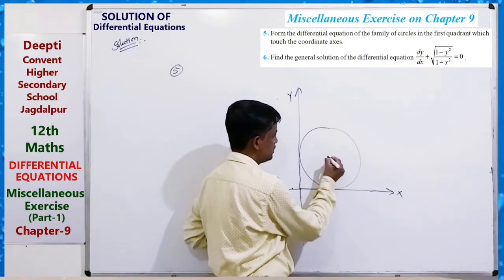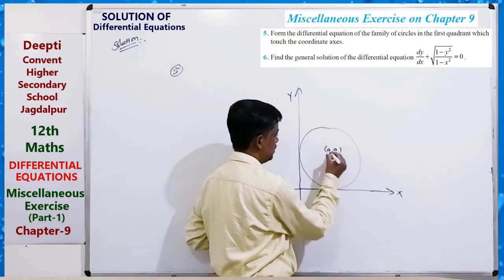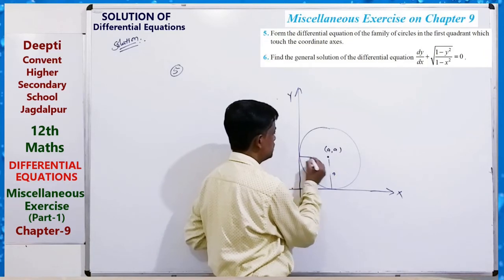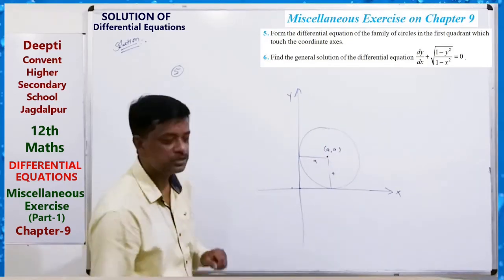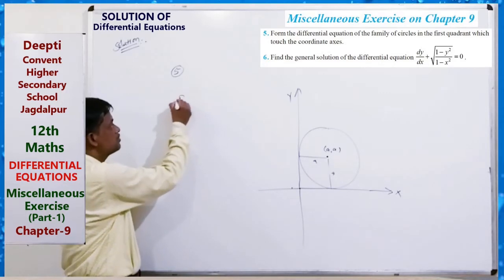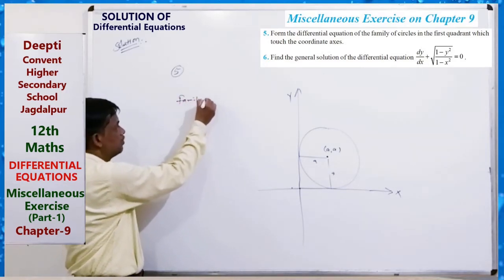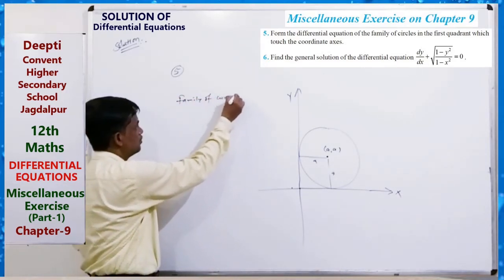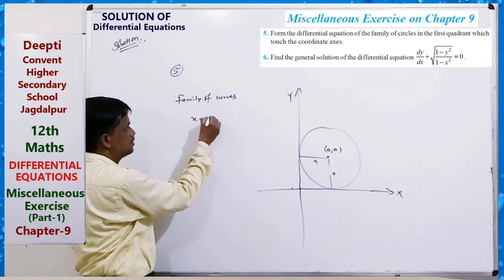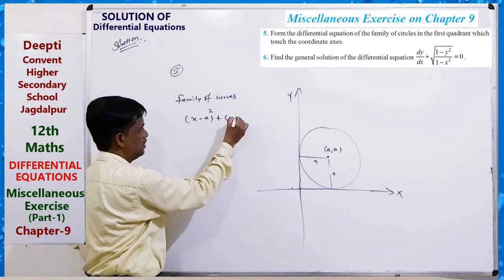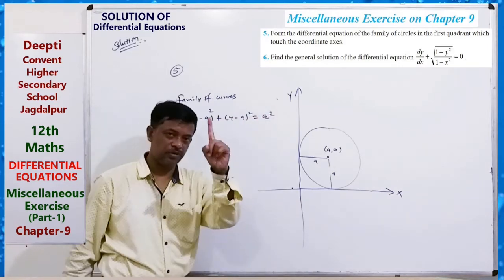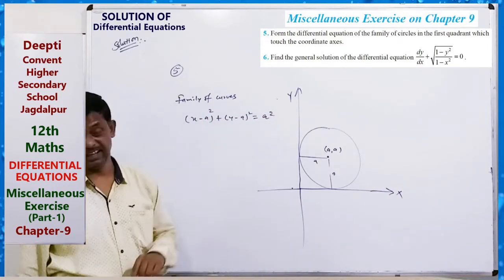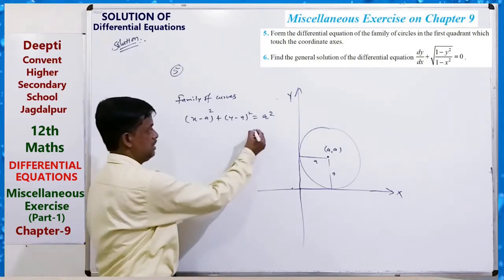That means if this is the center (a, a), this distance is a and this is also a. The center is (a, a) and the radius is also a. So the family of curves is (x minus a) square plus (y minus a) square equals a square. There is only one constant a, and you have to eliminate this a.